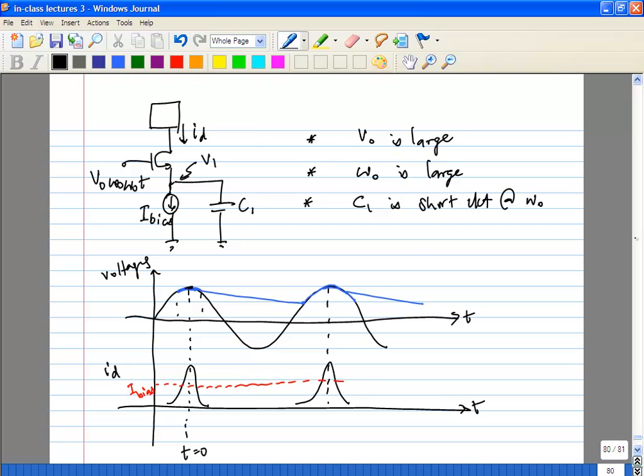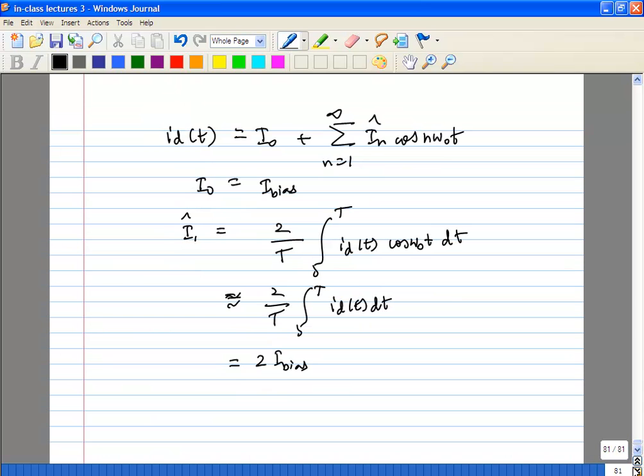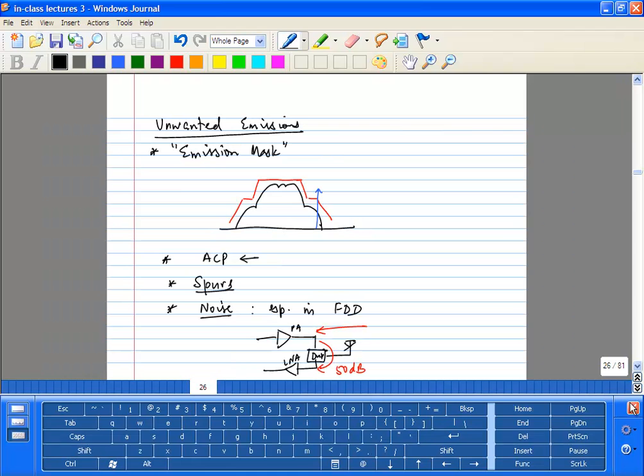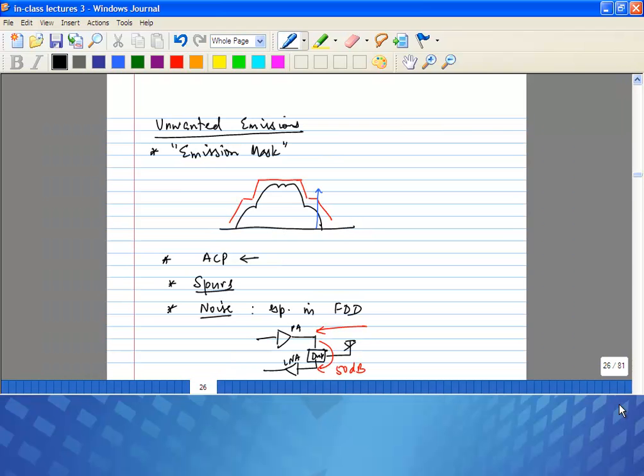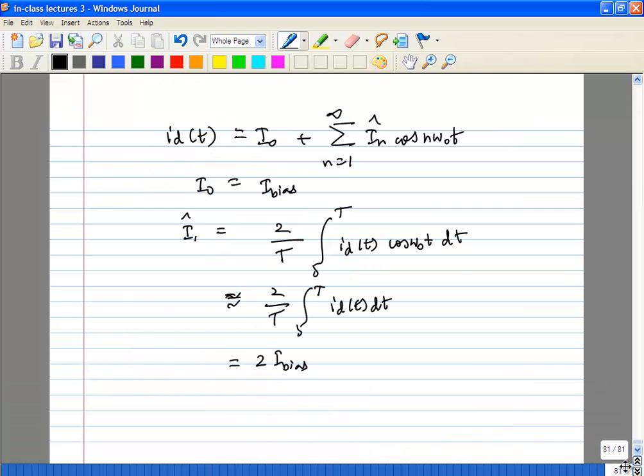All the rest of the current, the rest of the harmonics, gets filtered out. So what is the large signal transconductance of the first harmonic, right?